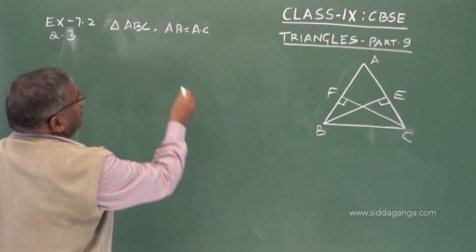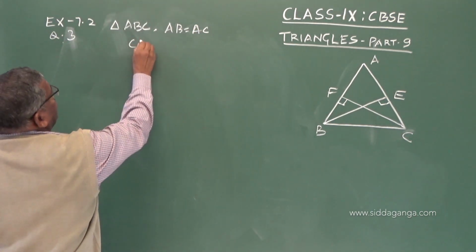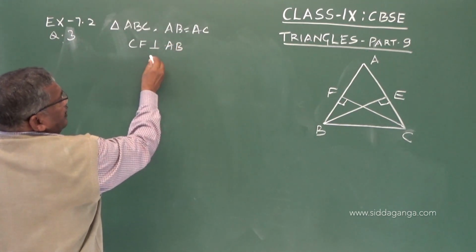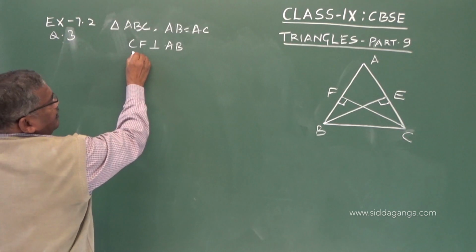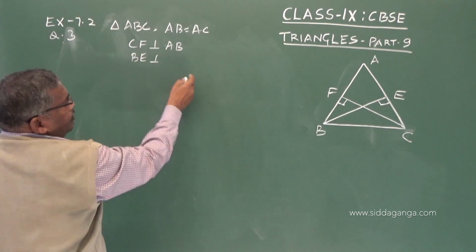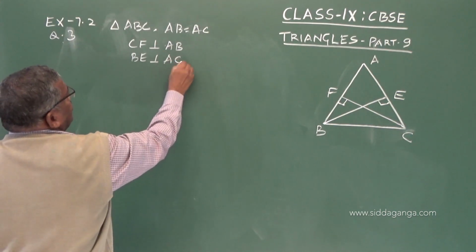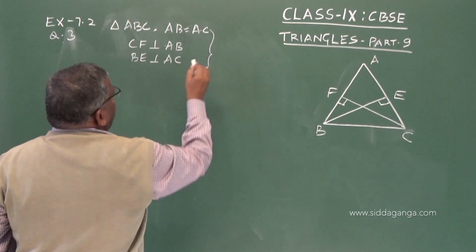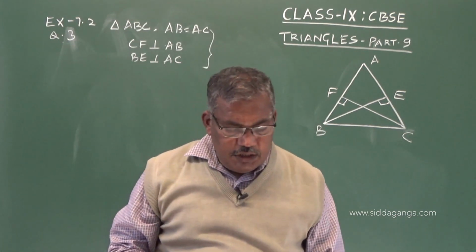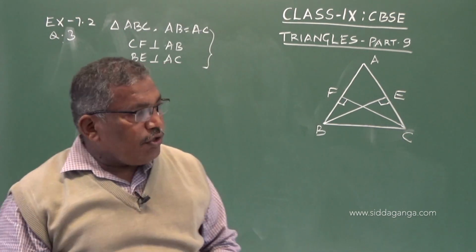And CF perpendicular to AB and BE perpendicular to AC. So this is the data given. Then what is to be proved? Show that these altitudes are equal.